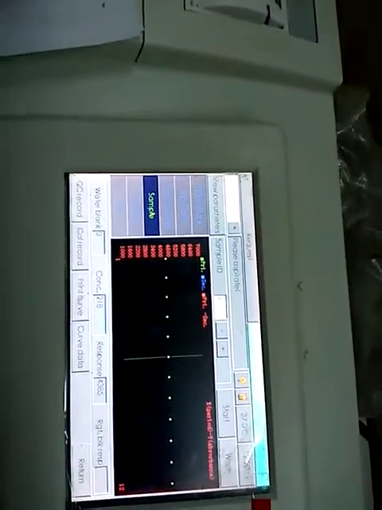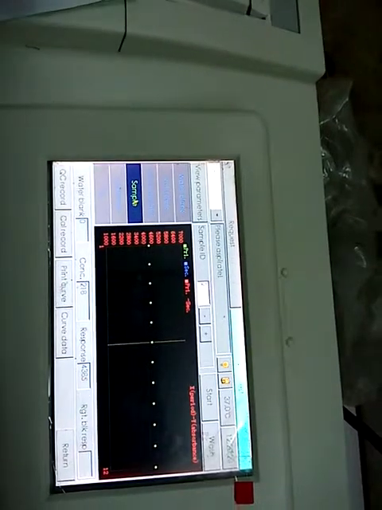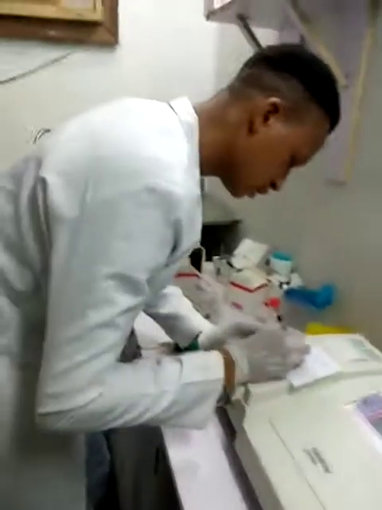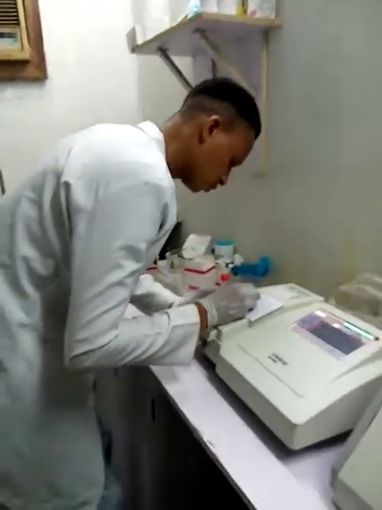So my triglyceride is 218 milligram per dl. Now I'll run my bicarbonate.